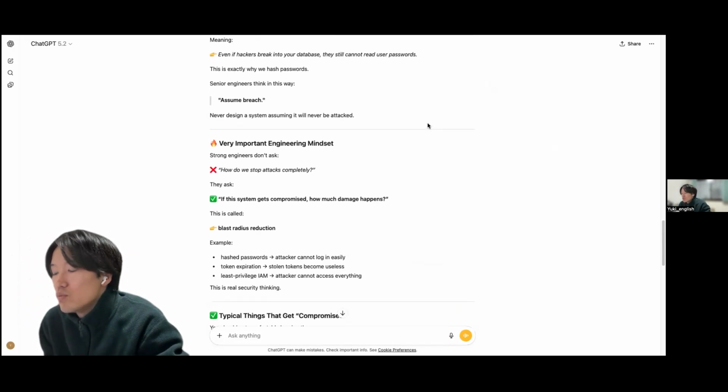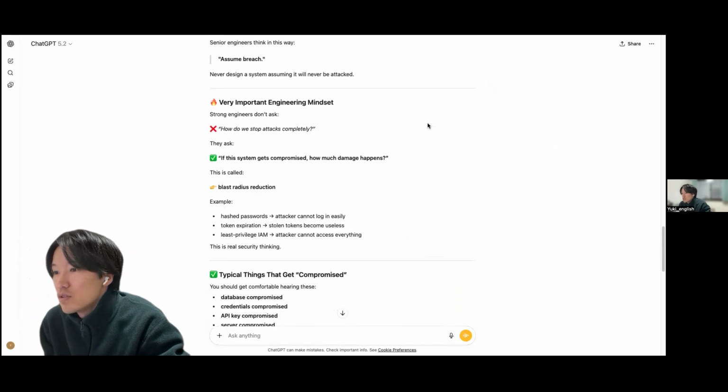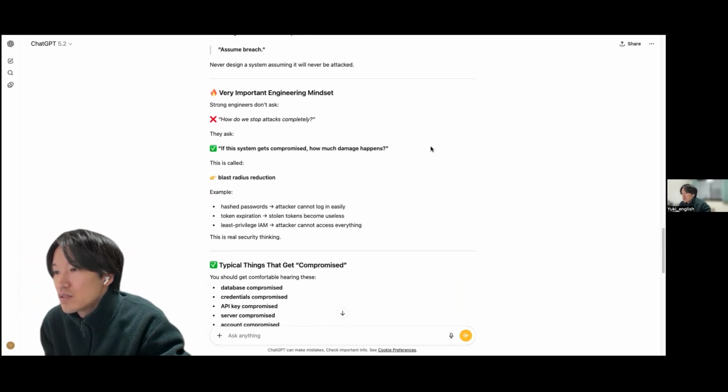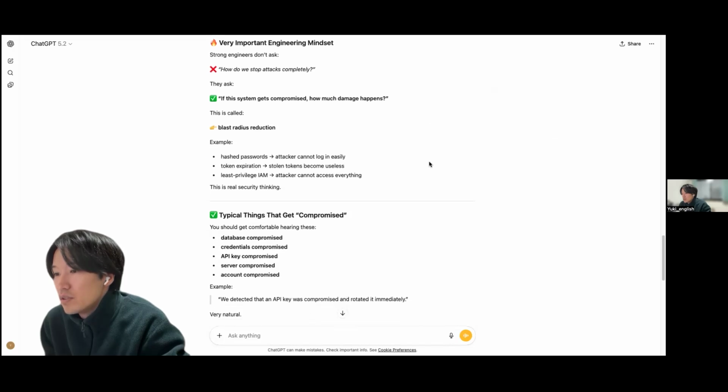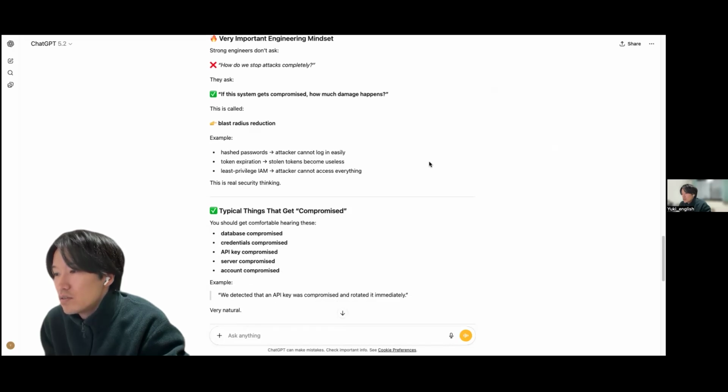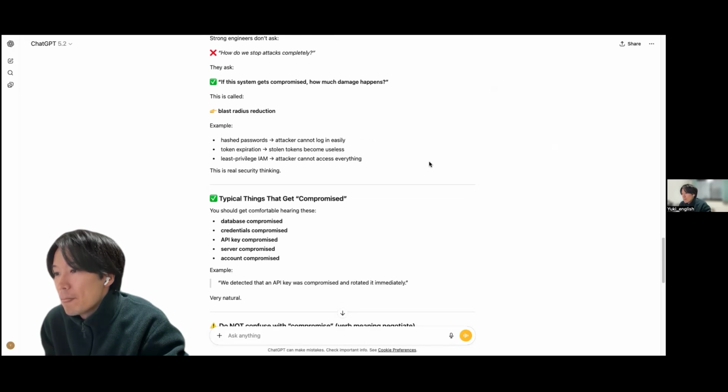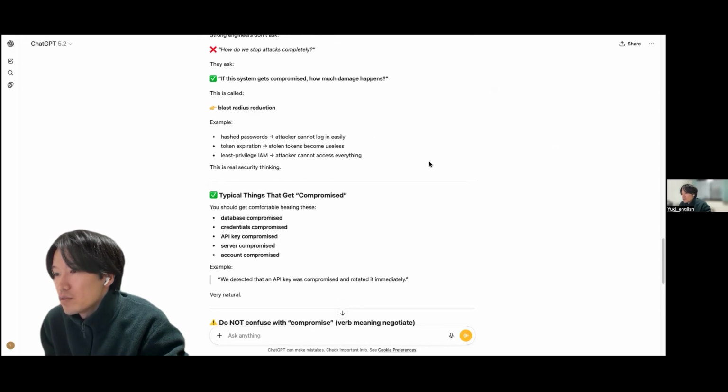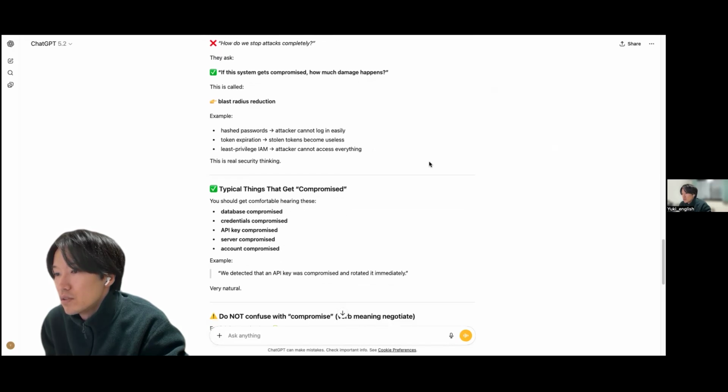Very important English mindset. Strong engineers don't ask, how do we stop attacks completely? They ask, if this system gets compromised, how much damage happens? This is called blast radius reduction. Hashed passwords: the attacker cannot log in easily. Token expiration: stolen tokens become useless.